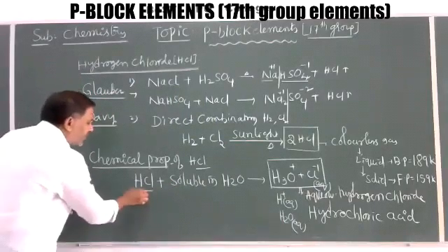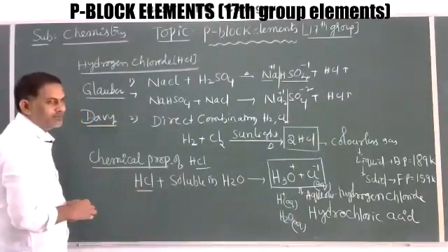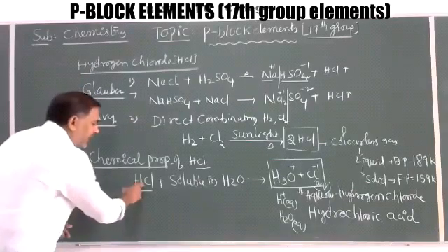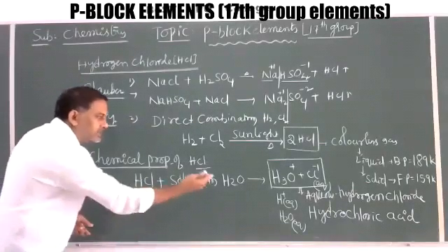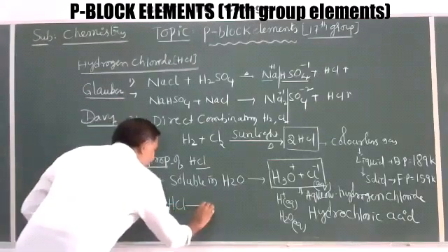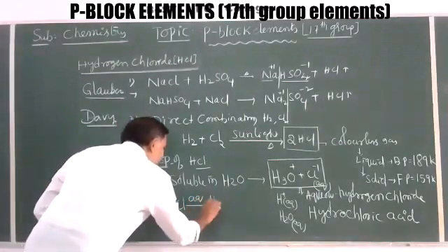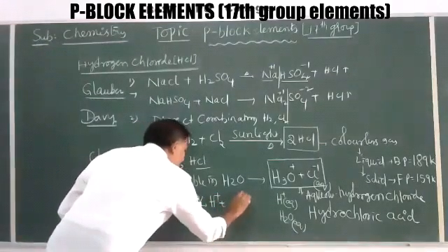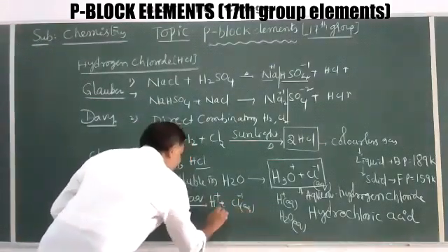Pure HCl is called hydrogen chloride. So this hydrochloric acid easily dissociates in water. In an aqueous medium, it gives H plus and Cl minus.